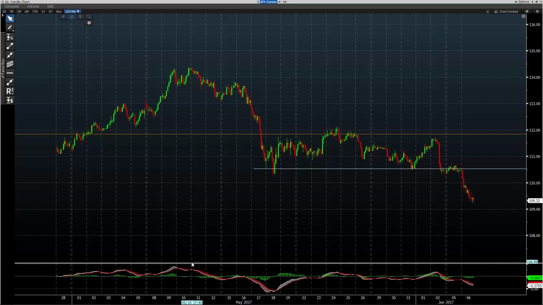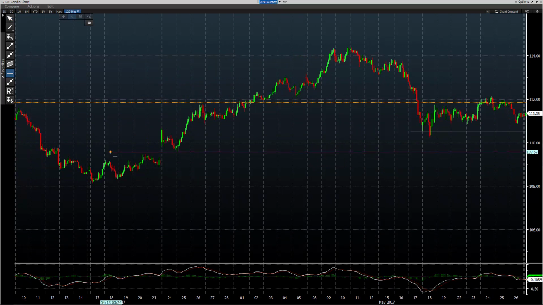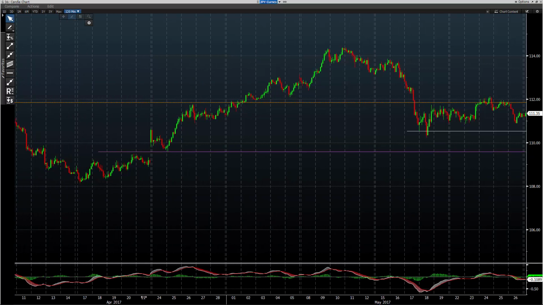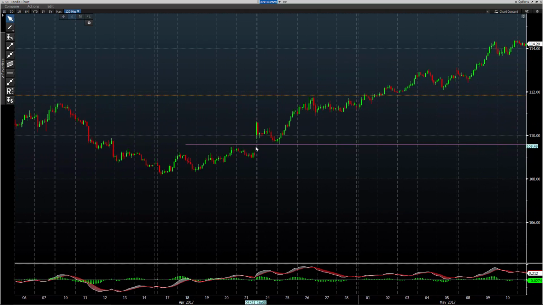To give a little perspective of what's going on in this move, we had a dollar yen that gapped higher in late April, and 109.60 was the low that was contained. Some markets have gone back and tested those late April lows.